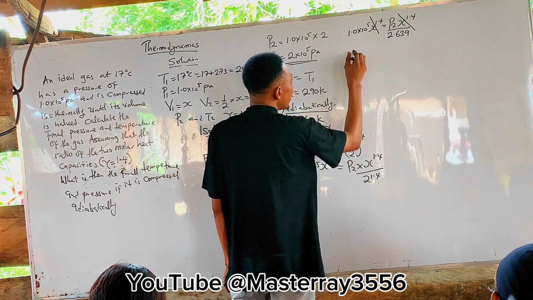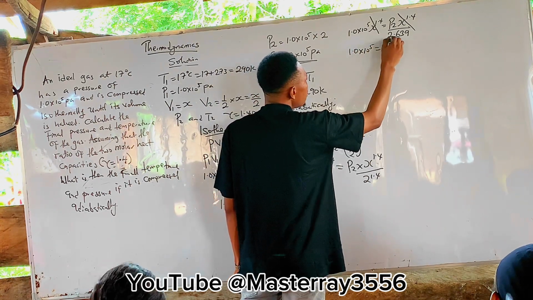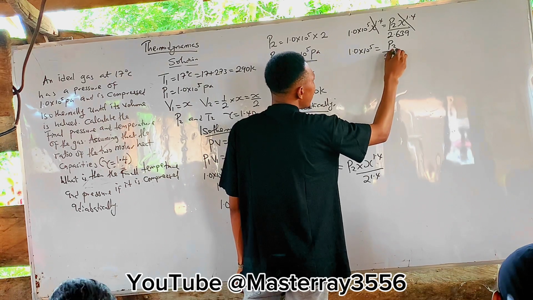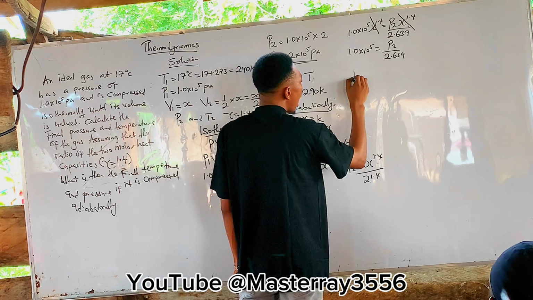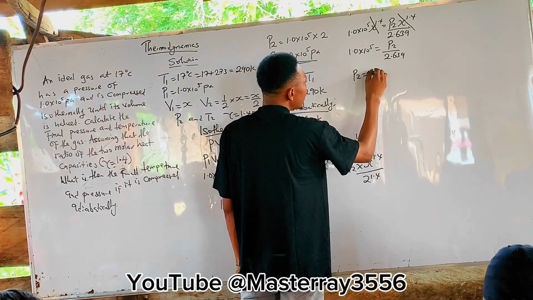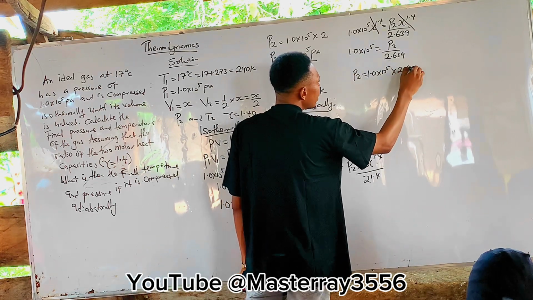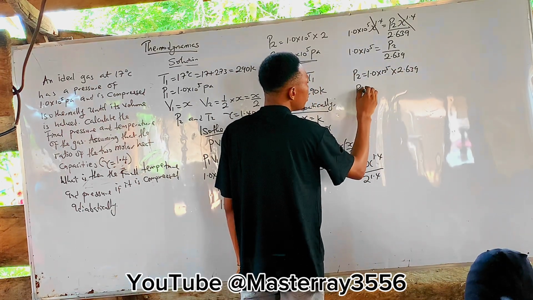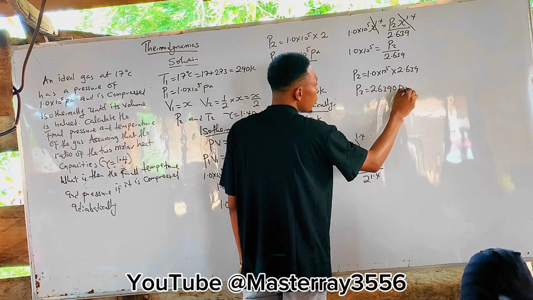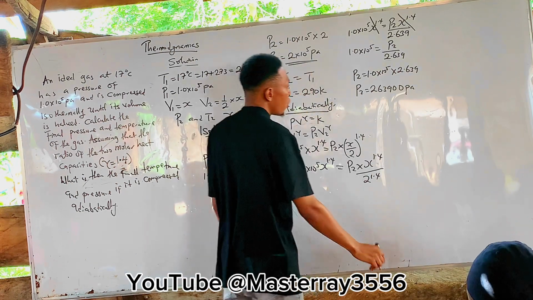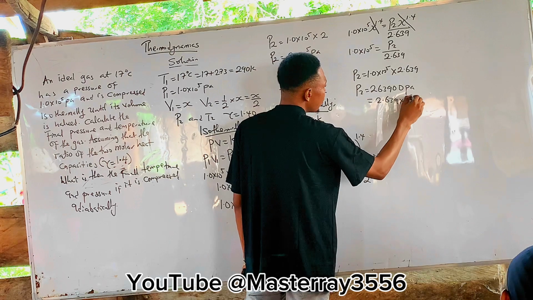So what will be left here? 1.0 times 10 raised to power 5 equals P2 over 2.639. What do we do here? Cross multiply. So our P2 will be equal to 1.0 times 10 raised to power 5 times 2.639. So our P2 will be equal to what? 263,900 Pascal, is it not? All right, it's 2.639 times 10 raised to power 5 Pascal.